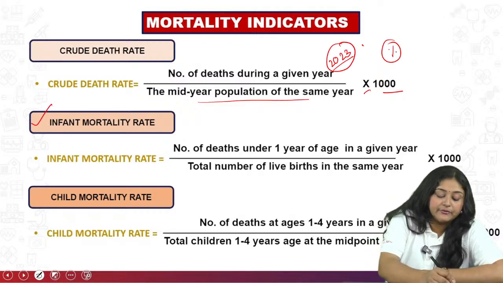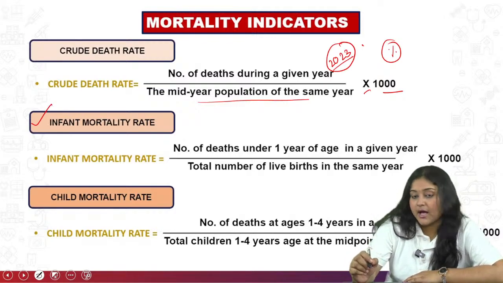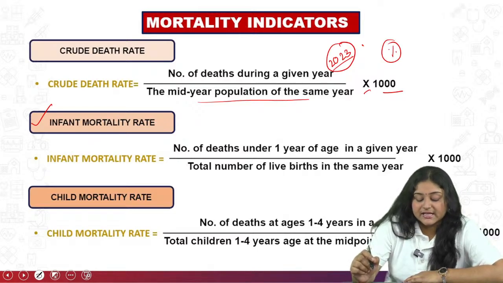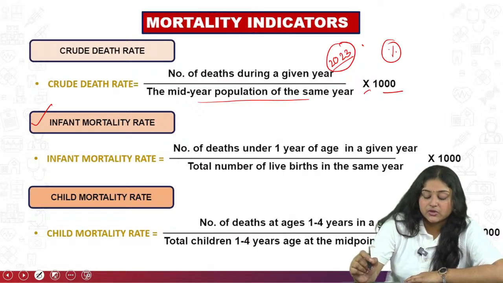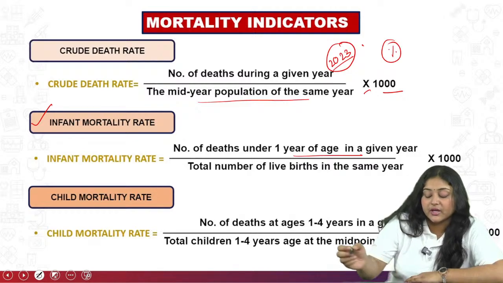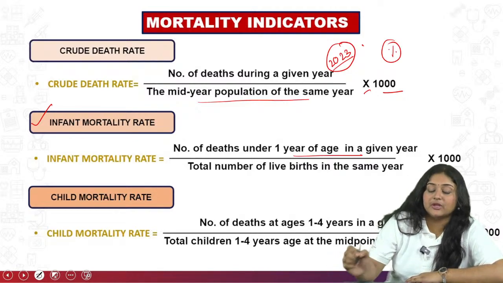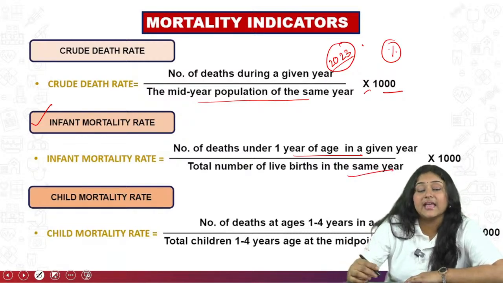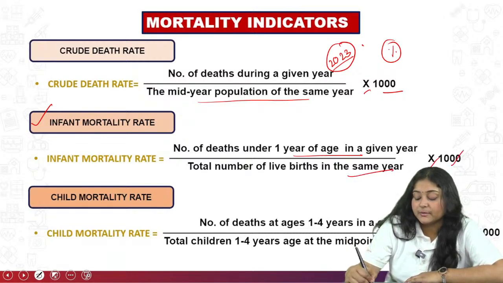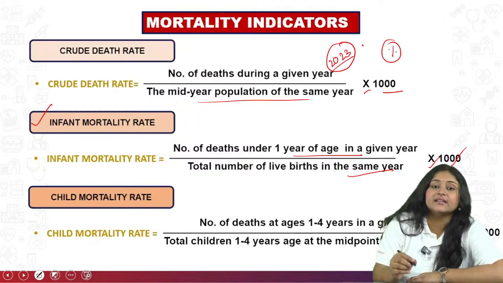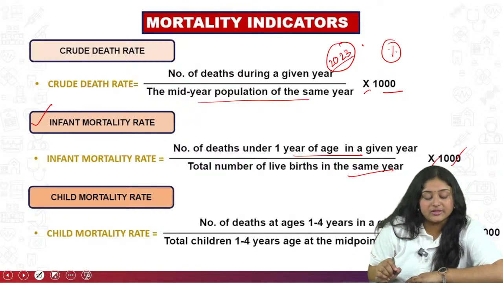Now come to the infant mortality rate or IMR. Infant mortality rate is nothing but the number of deaths which occur under 1 year of age in a given year, divided by the total number of live births in the same year, and that numerical form should be multiplied by 1000. So that is the equation of the infant mortality rate.